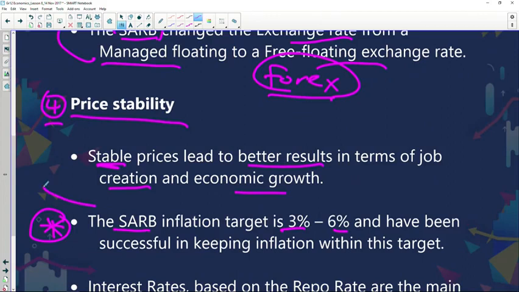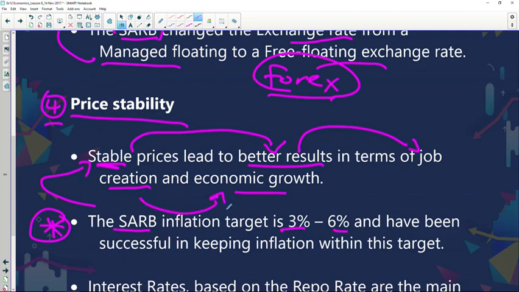We know that the Reserve Bank has been very successful in doing so, and they should continue to do that because we encourage an economy that has stable prices. Stable prices lead to better results, better results lead to job creation, and job creation leads to economic growth.